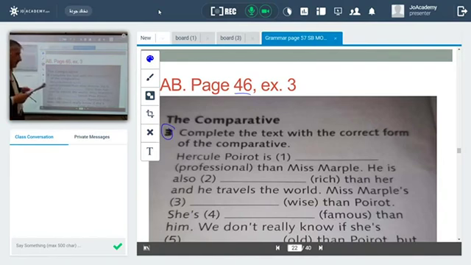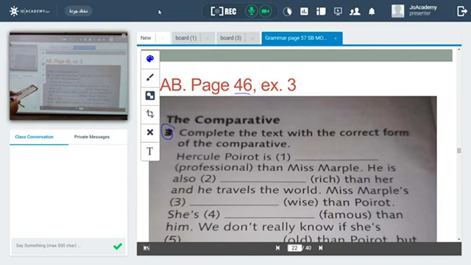We need to fill in the blank with the right adjective. Complete the text with the correct form of the comparative. Try now to read and solve, and we will check the answers after you finish. We have professional, rich, wise, famous, old, and pleasant.